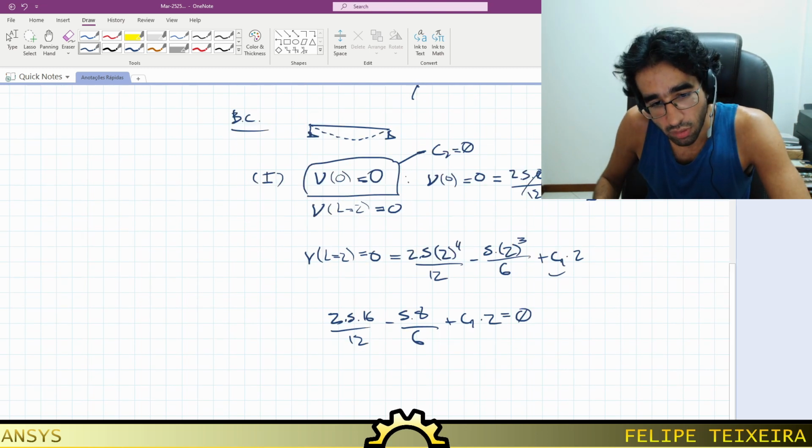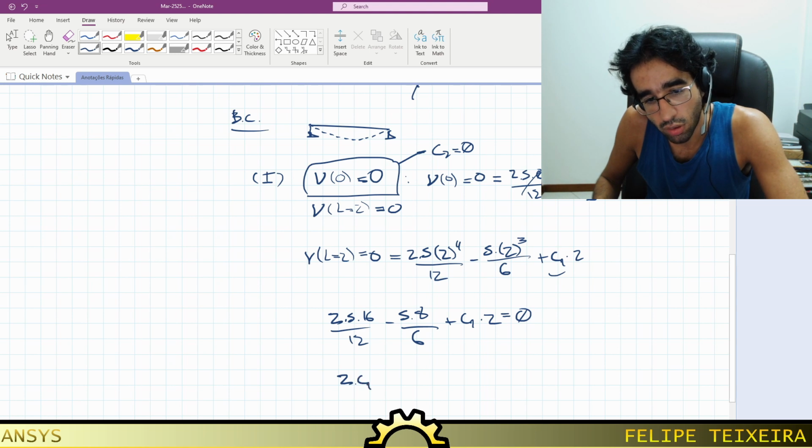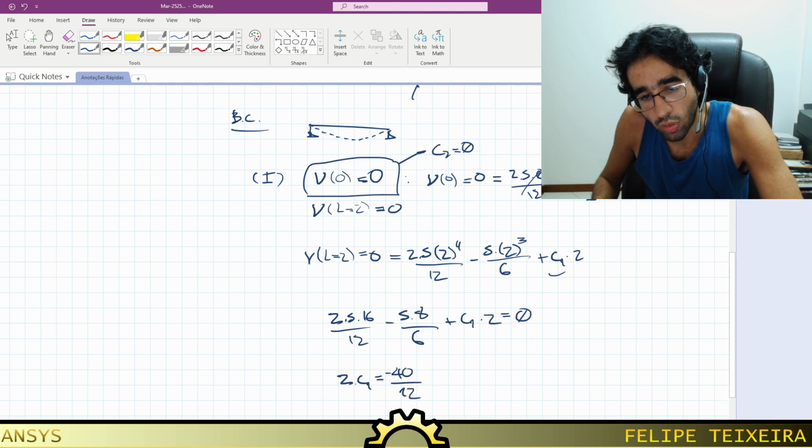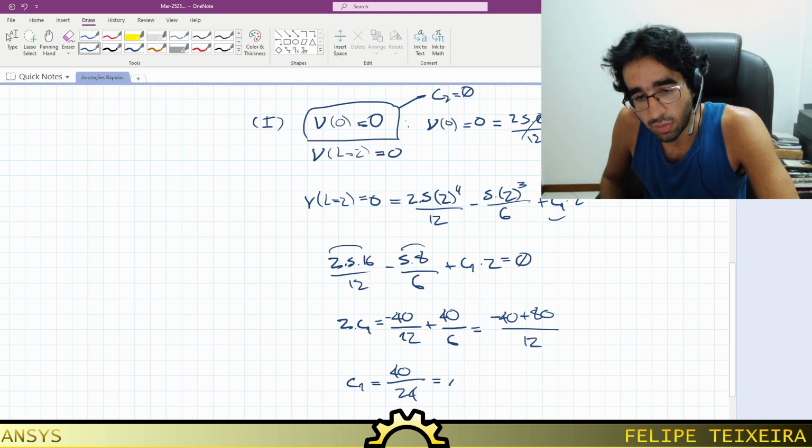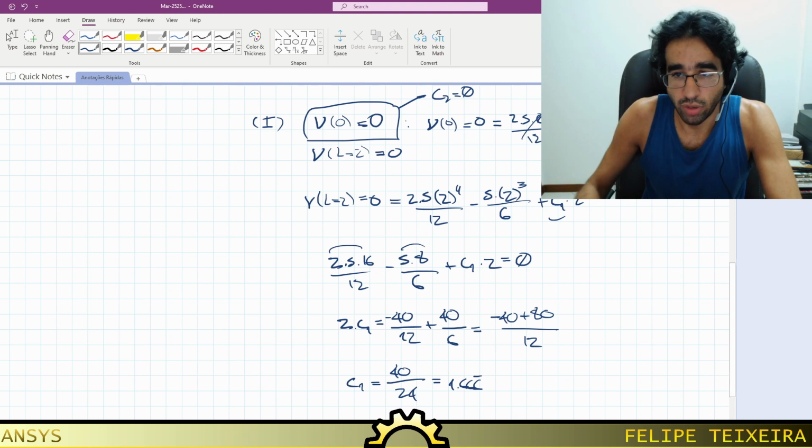So then we have 2 times C1 is going to be equal to 40 minus 40 over 12 plus 40 over 6. So C1 is going to be 40 over 24, which is about 1.666 recurring. So now we are finally done.